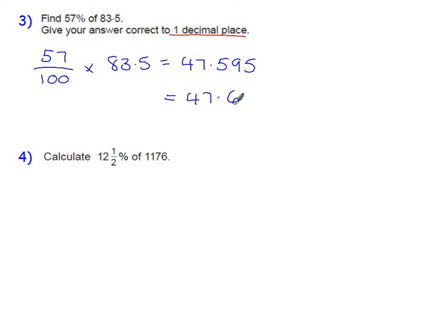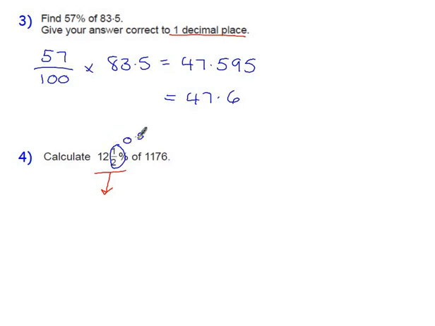The fourth question, a little bit more tricky, a little bit harder. Calculate 12.5% of 1,176. Well, 12.5% is a little bit harder to type into your calculator. But what it means, well, 0.5% or half is 0.5.